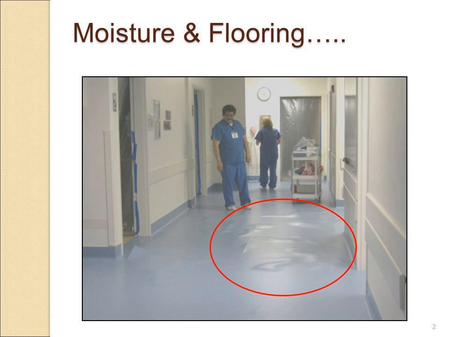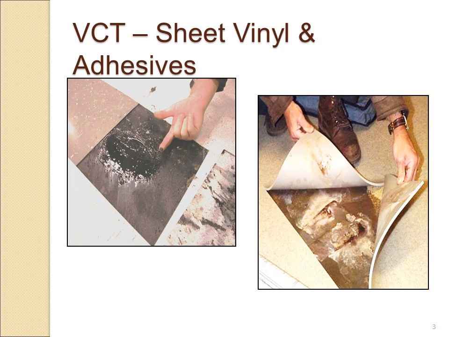But the reality is, in these applications, it's not just the flooring that's being affected. If we look at the adhesives that are underneath these floorings, we can see that many of them are breaking down because of moisture, and that's in the floor covering business.